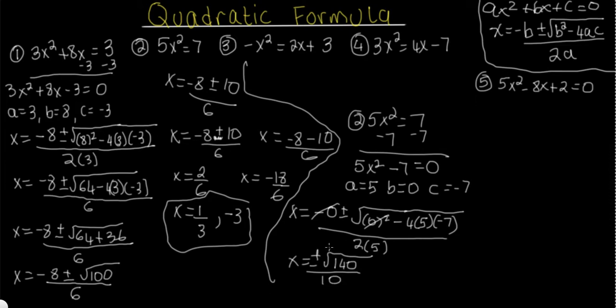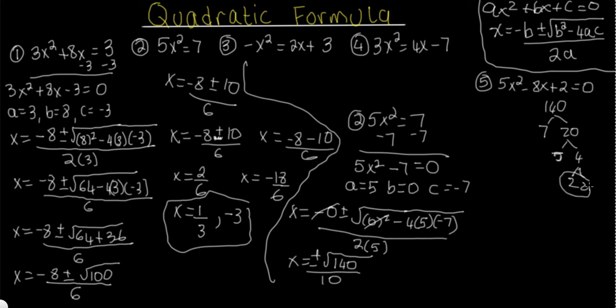Okay, now I need to get the square root of 140 simplified. That's not a perfect root, so I'm going to do it somewhere here on the side. So I have 140. What times what is 140? I know that 7 times 20. I can break down 20 into 5 times 4, and 4 is 2 times 2.